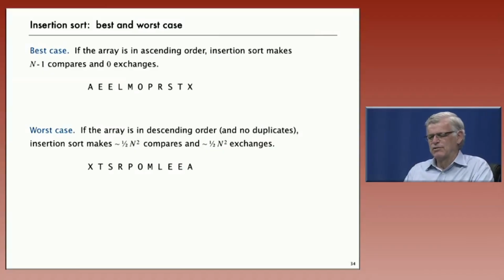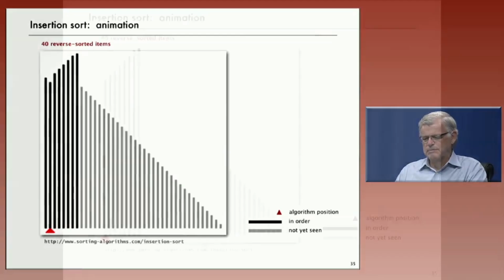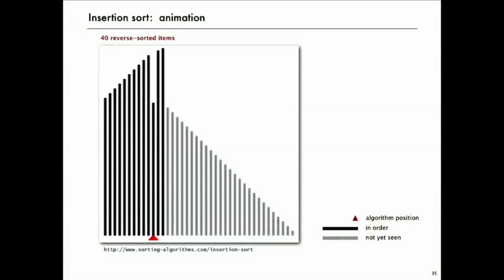So in the first case, it's much, much faster than selection sort, linear instead of quadratic. In the second case, it's slower than selection sort because it uses about the same number of compares, but it uses many more exchanges. Let's see that in the animation. This is when the items come in reverse order.